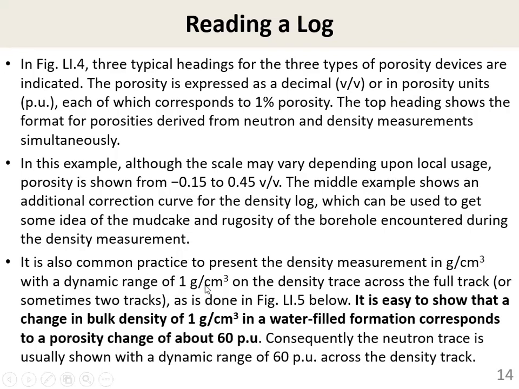I think one thing that is important to note is that it's easy to show that the change in bulk density of 1 gram per centimeter cube in a water filled formation corresponds to 60 porosity units. And I'll show you an example so that some of these things I'm talking about are brought home.